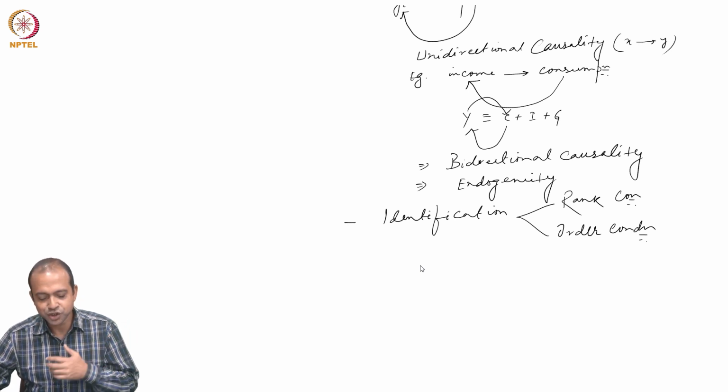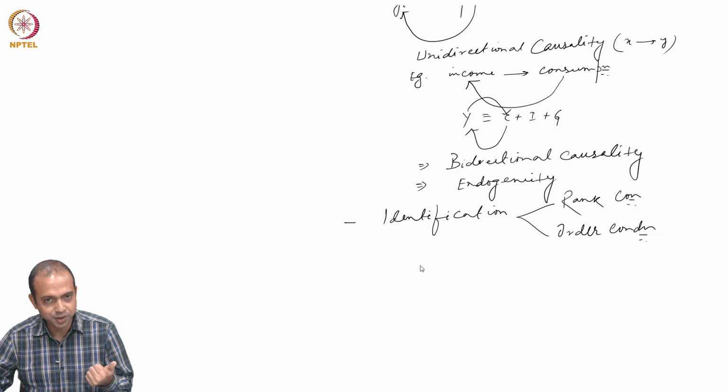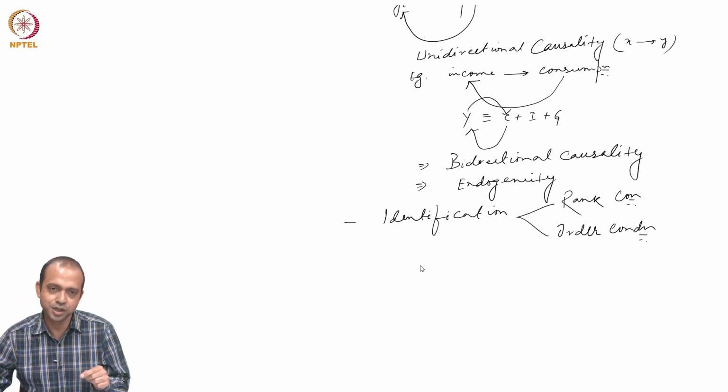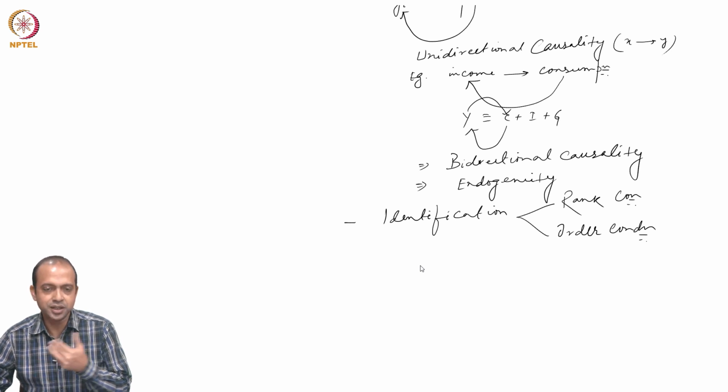What does a simultaneous equation mean, what will happen in presence of simultaneity, that means the consequences of simultaneity, and if you have simultaneity in the system, how to deal with that situation. So, we will estimate using a simultaneous equation model. We will try to identify the different equations using the rank and order conditions, and then we will estimate.